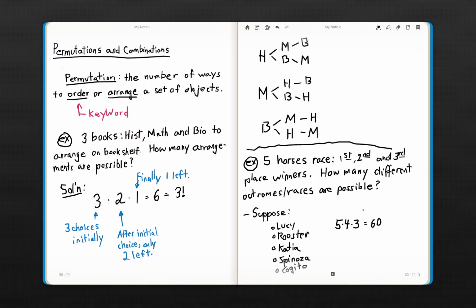Okay. So let me extend this problem just a little bit, and I want to now motivate this concept of a combination. So far we've been talking about permutations, and suppose now we didn't care about the first, second, and third prize, but instead we only care about what subset of the 5 horses can end up winning.